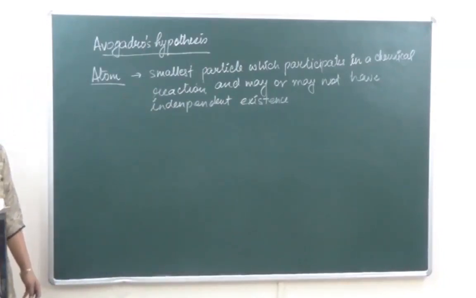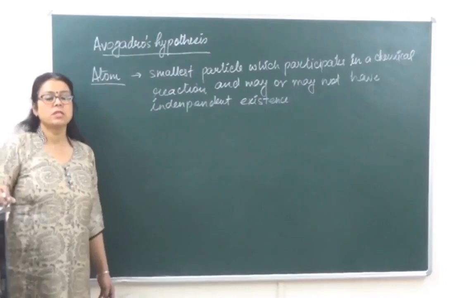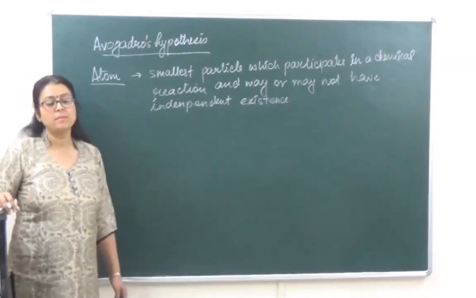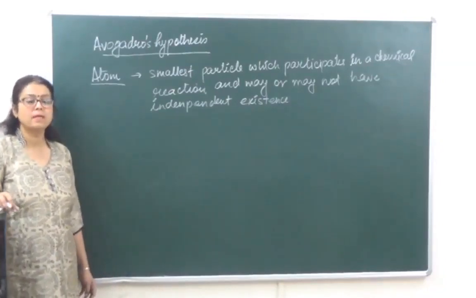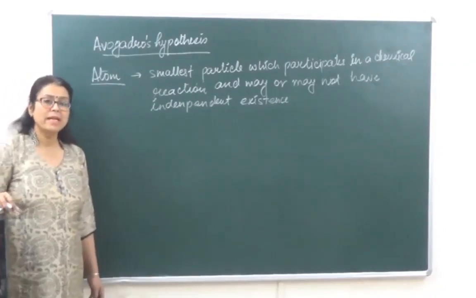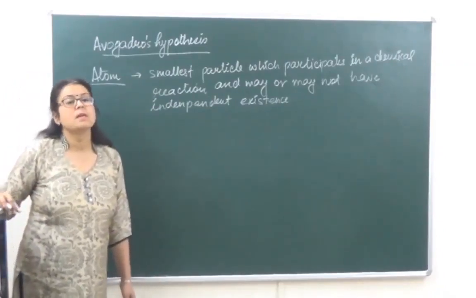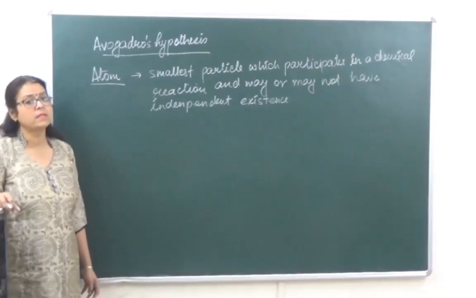For example, when we are talking of oxygen, oxygen does not exist in the form of atom because oxygen does not have independent existence. But noble gases have independent existence. Metals also have independent existence.